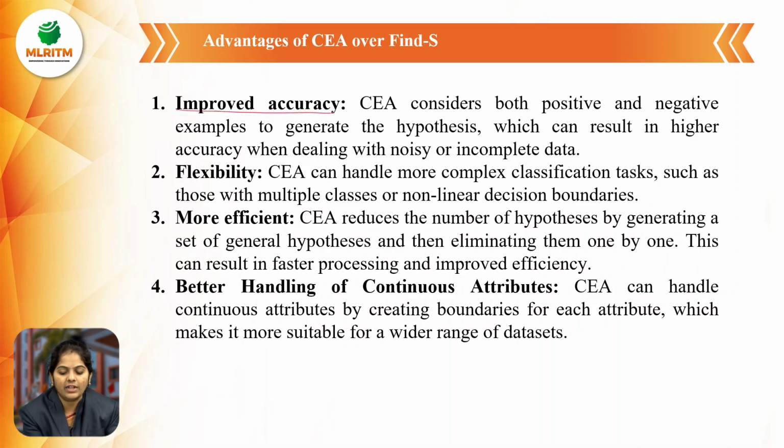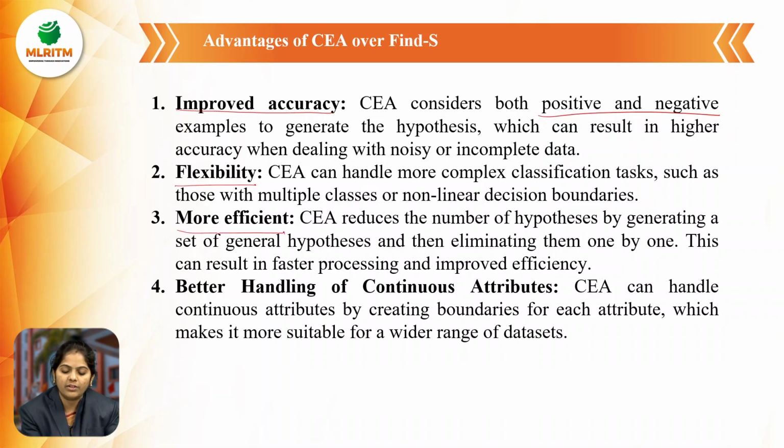The first advantage is improved accuracy. The candidate elimination algorithm considers both positive and negative examples to generate the hypothesis, which can result in higher accuracy when dealing with noisy or incomplete data. When we compare both kinds of examples, we get the accuracy output here. Next is flexibility: the candidate elimination algorithm can handle more complex classification tasks, such as those with multiple classes or nonlinear decision boundaries.